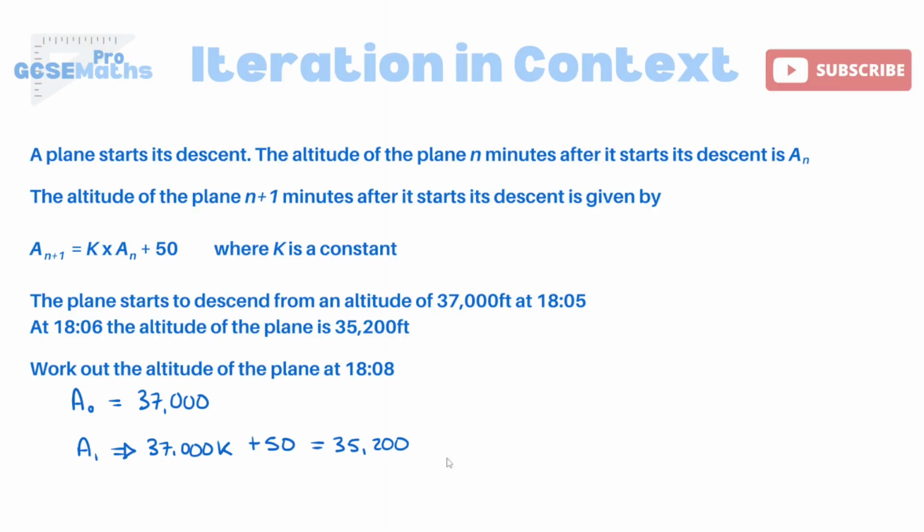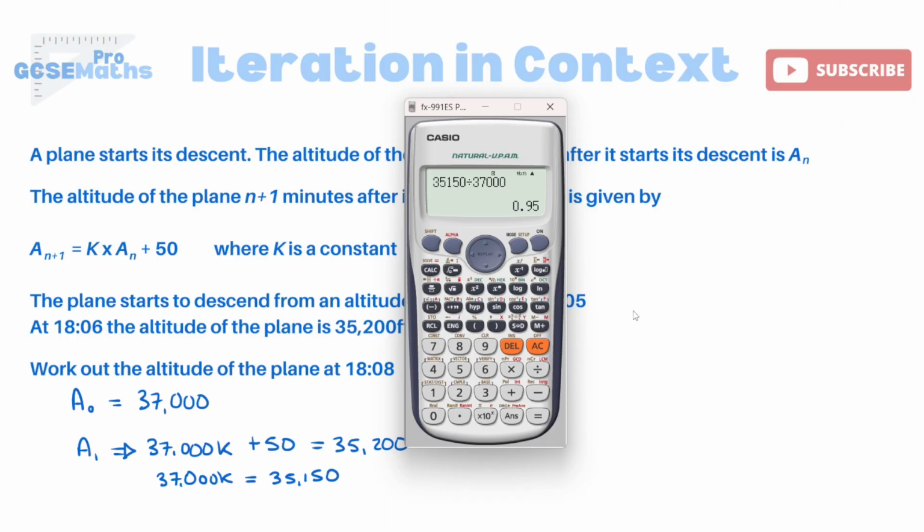So do you see how here we've got this equation? Just think about straightforward, simple algebraic equations, not even iteration at this point. The only thing I don't know is k, and that's what I want to find out. So let's just rearrange this. I would minus 50 across. So 37,000k is 35,150, and then divide by 37,000. So you can see that the value of k is 0.95, which makes sense because we are descending.